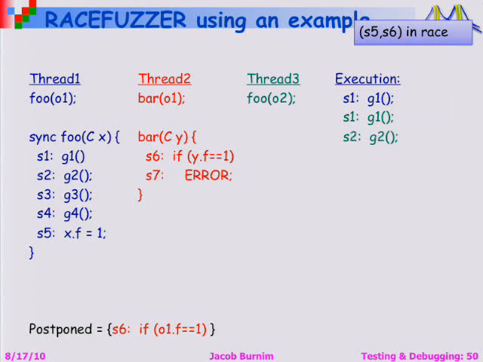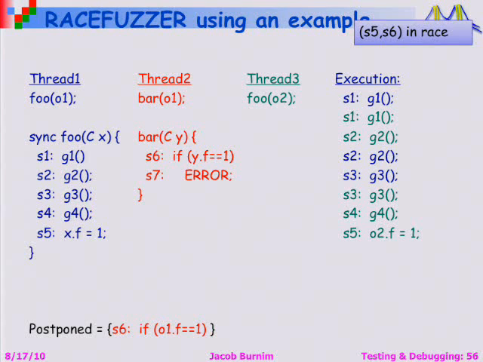Right. Okay, so now we'll continue running this program. So we run threads 3 and 2 for a while until we encounter another statement that's in this racing pair. In this pair of statements that we predicted might be in a race. So here we'll say, okay, statement S5, that's in the racing pair. And so we'll check, is it actually a race with any of the other threads we've postponed?